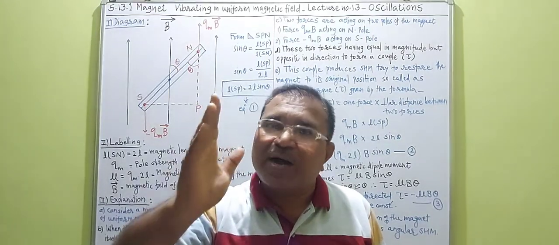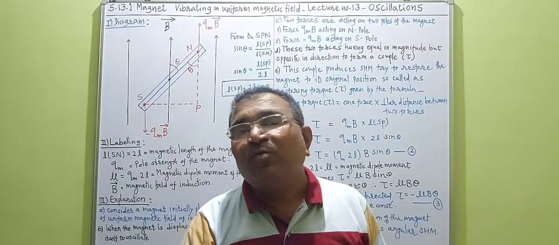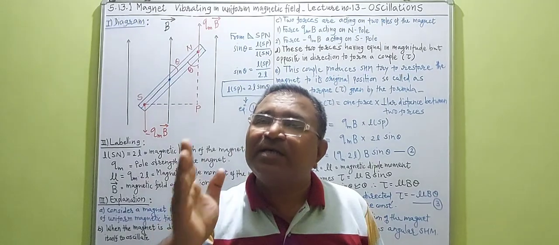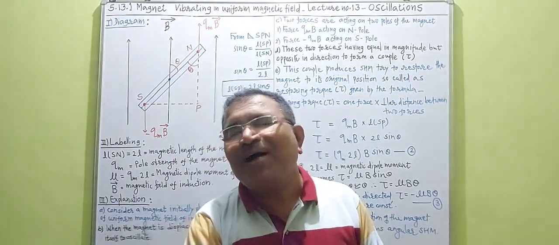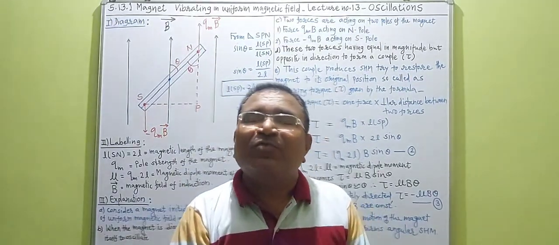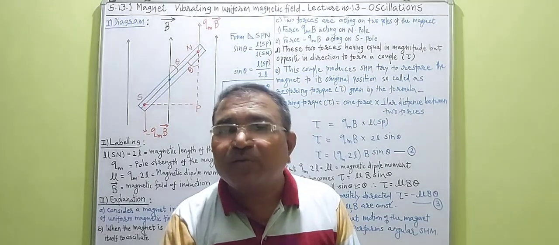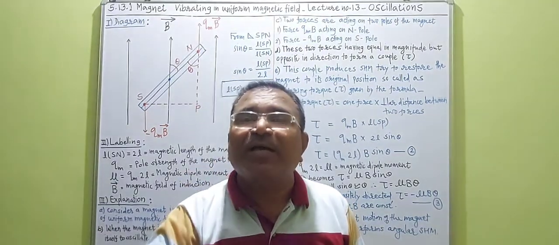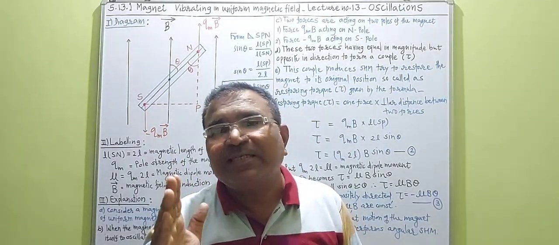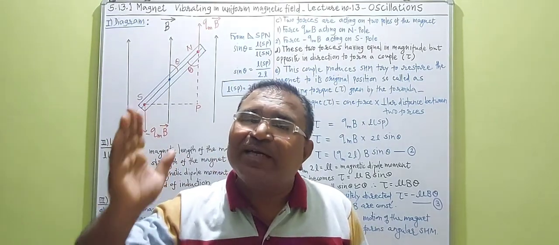So this is part 1, and now we'll have to discuss part 2, and in part 2, dear students, we have to derive the formula of the period of a magnet when placed in uniform magnetic field.